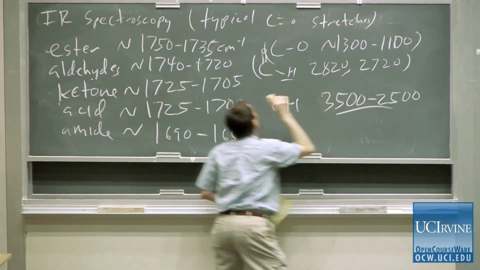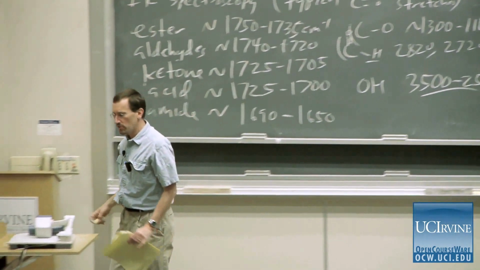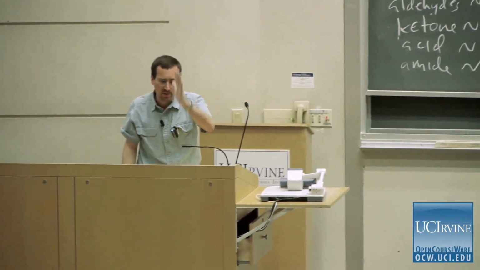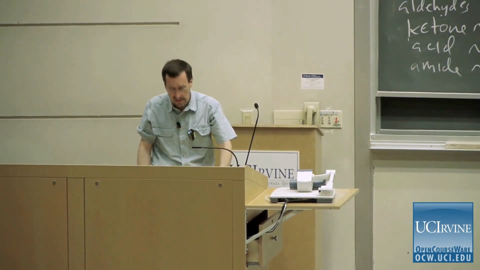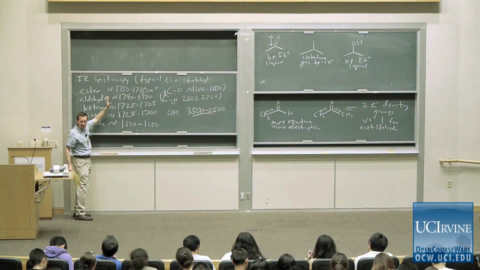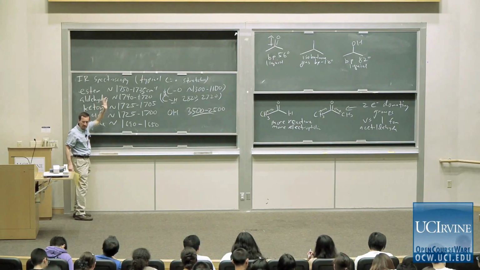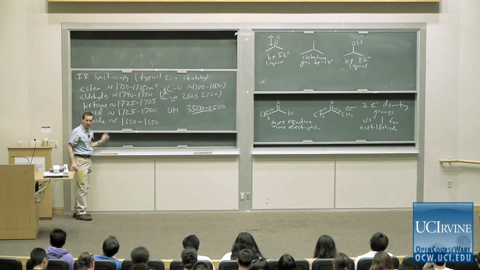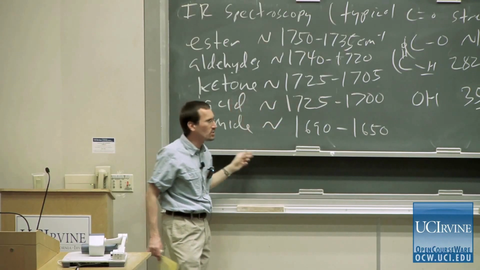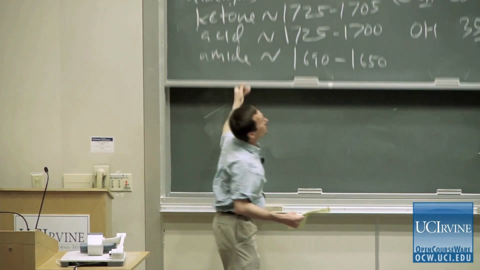They're sometimes hard to pick out because they're right on the lower edge of all of the other CH stretches, but if you look hard, sometimes you can pick them out. However, there are going to be other spectroscopic features, for example in the NMR spectra, that would clue you in to an aldehyde, the presence of the CH group, which we'll talk about in just a moment.